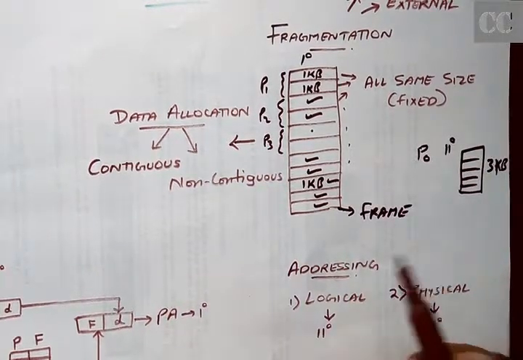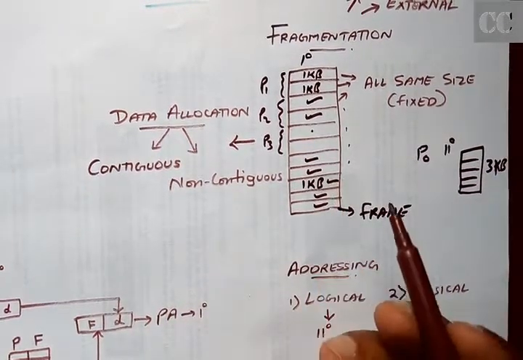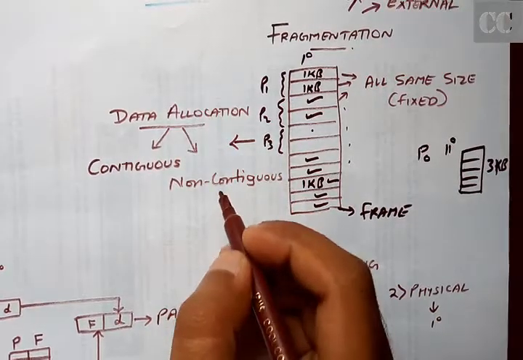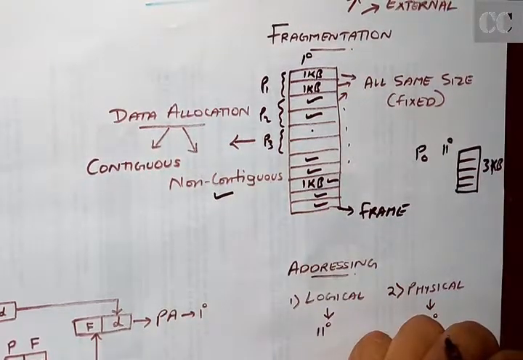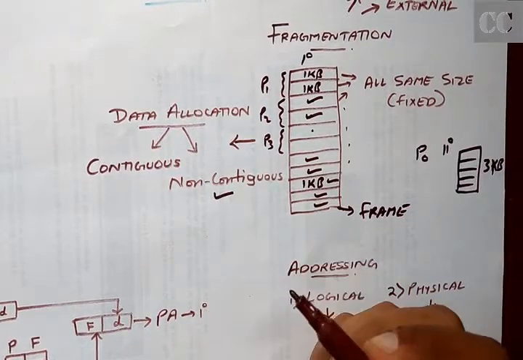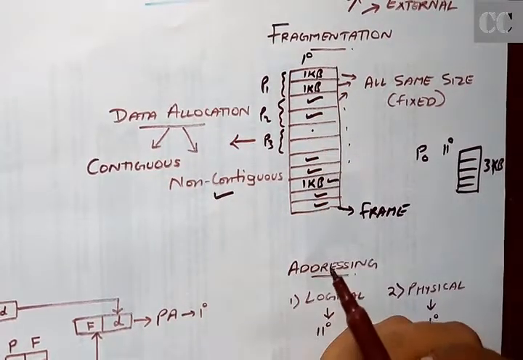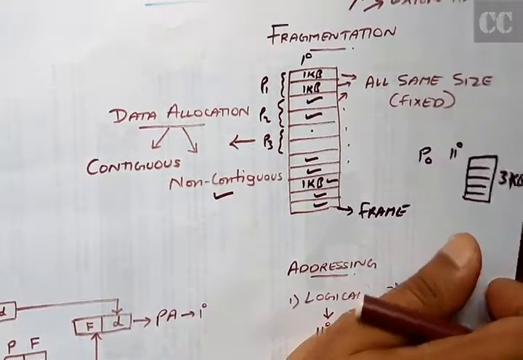In the paging concept, we are going to discuss only non-contiguous memory allocation. Because fragmentation takes place, we have two types of fragmentation.